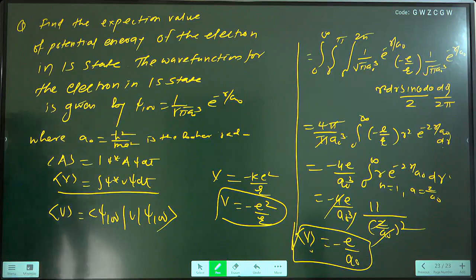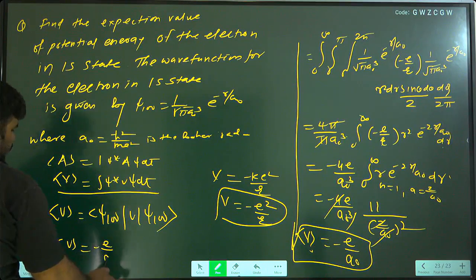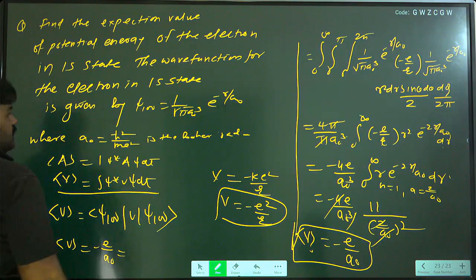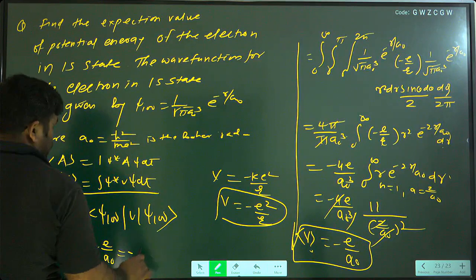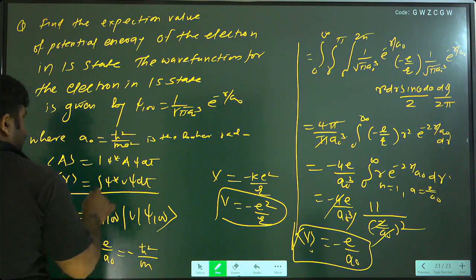What is the value of a? Expression of V is equal to how much? Minus e upon a naught. And what is the value of a naught? A naught is equal to h cross square upon m e, minus h cross square upon m into a. What is the value of a?